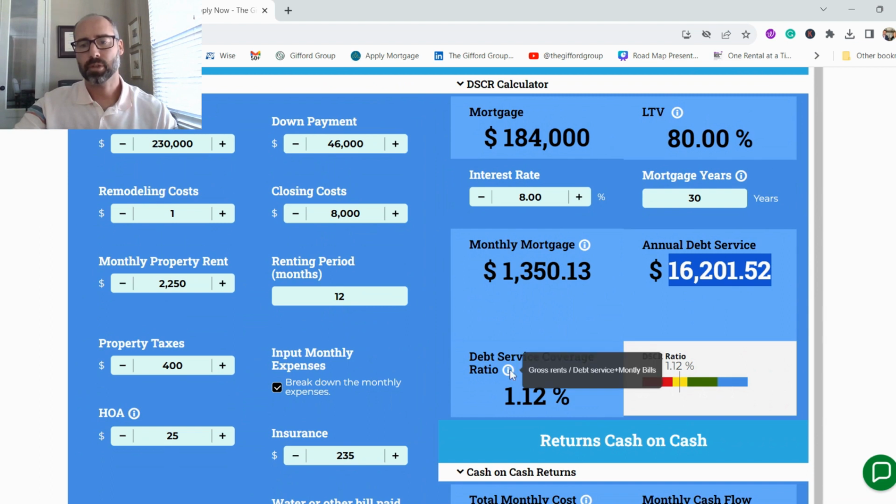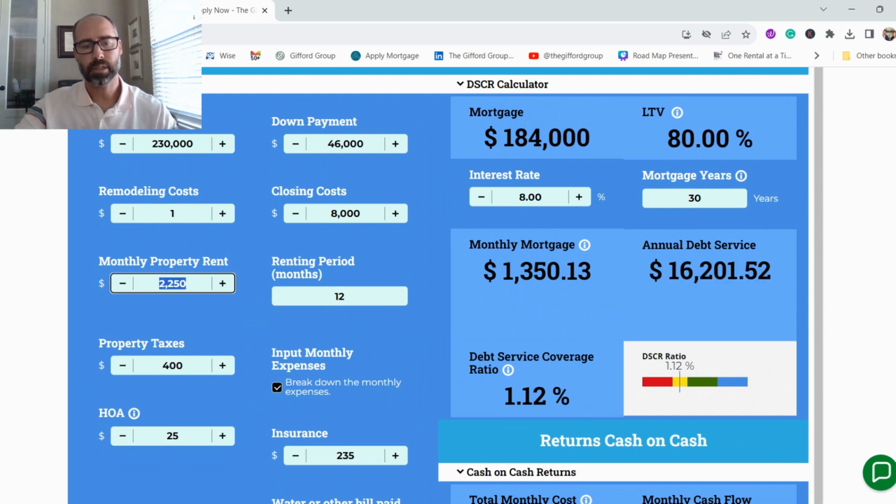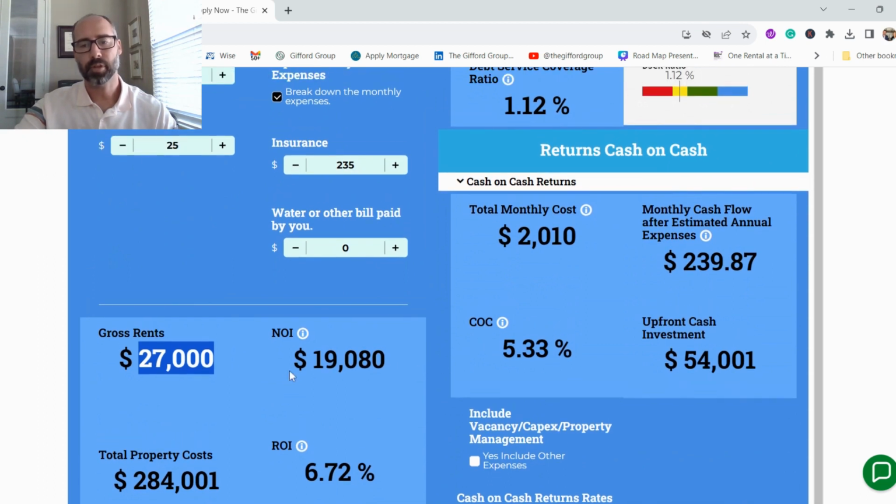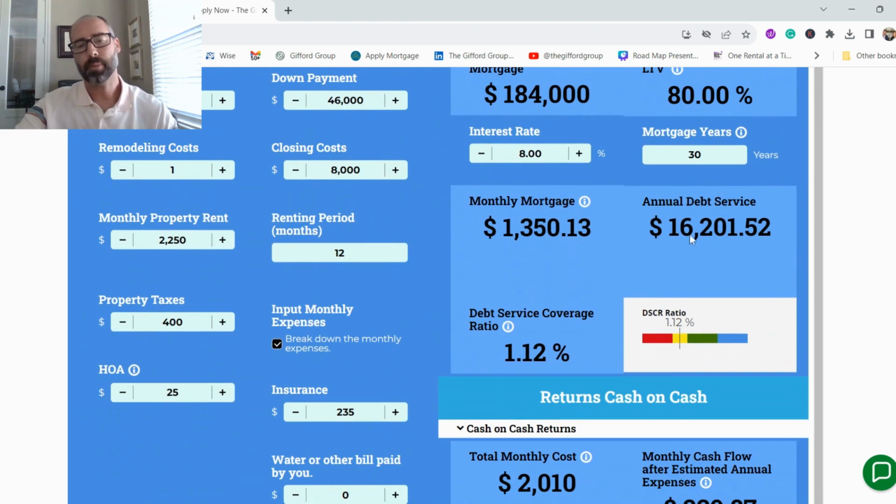So this is your total debt service, and that's really what the ratio is going to be about. It's going to take our gross rents, right? We're taking our 2250 there, and that's going to be our 27,000 a year in rents, and it's going to be divided by our operating, our debt service ratios here.